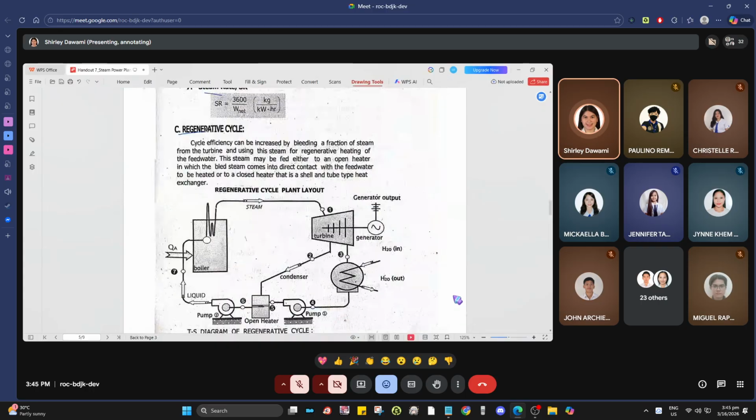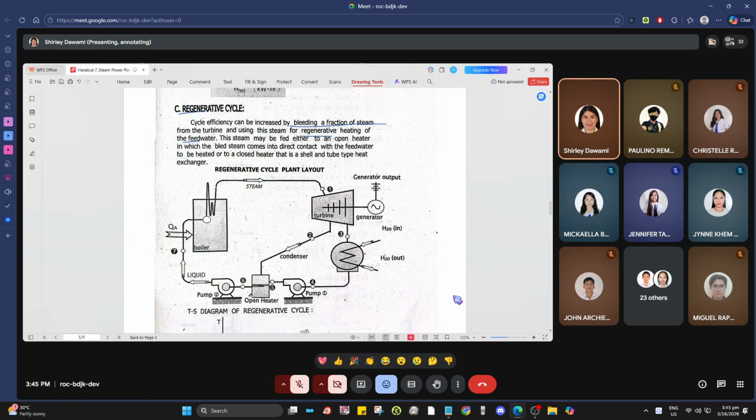Moving on to the regenerative cycle. Cycle efficiency can be increased by bleeding a fraction of steam from the turbine and using the steam for regenerative heating of the feed water. For the reheat cycle, the added component is the reheater. For the regenerative cycle, the added component is the feed water heater.